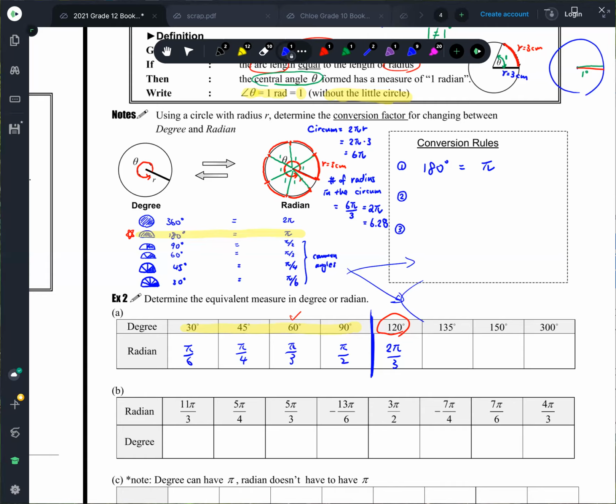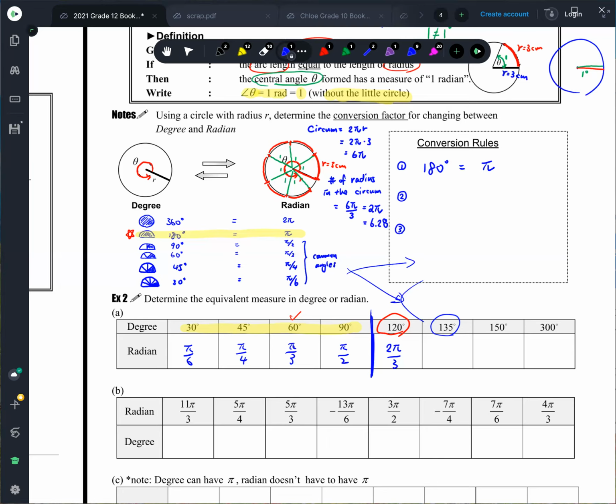Okay, so Nick, for 135, it's a multiple of, wait, so 90 degrees plus 45 degrees. Like 135 degrees, it's like 90 degrees plus 45 degrees, right? You could do plus, okay, but it's slower because you need to add fractions, okay?